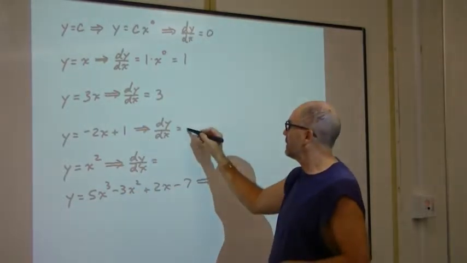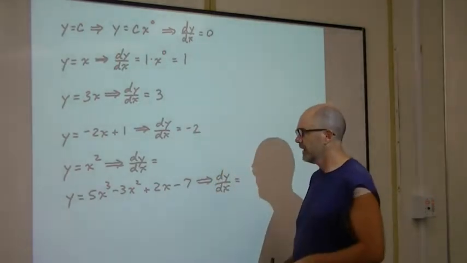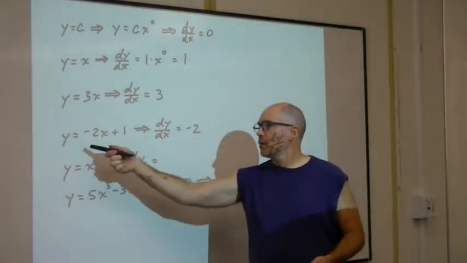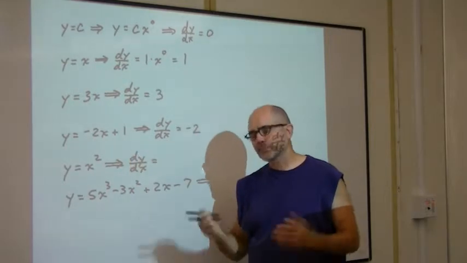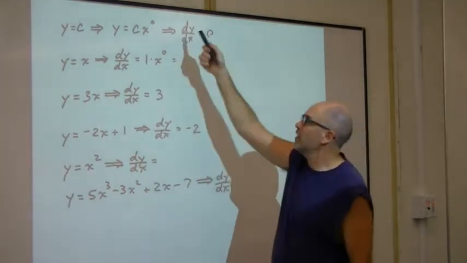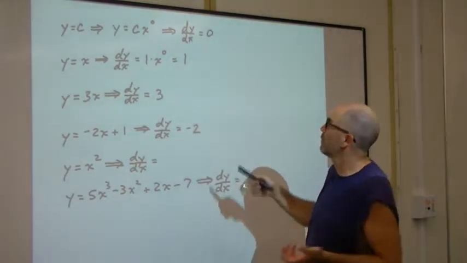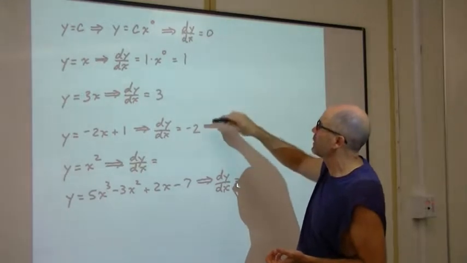So this ends up equaling negative 2 plus 0. And the line y equals negative 2x plus 1, the slope is negative 2. Okay, so we've been dealing with the derivatives of straight lines, which is really simple. Those derivatives will always equal some constant.